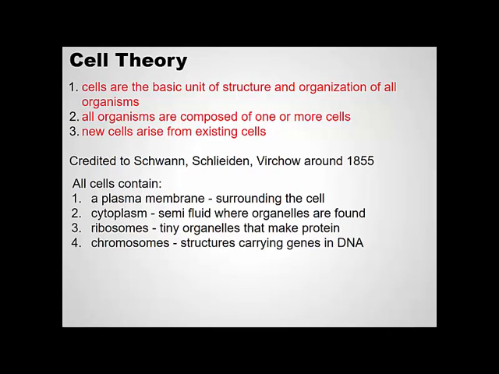All cells are filled with a sort of fluid called cytoplasm, where the parts of the cell are. All cells have ribosomes for making proteins, because cells are composed mostly of proteins. And also all cells have DNA, the code for how to build these proteins. Every cell has those four things in common.